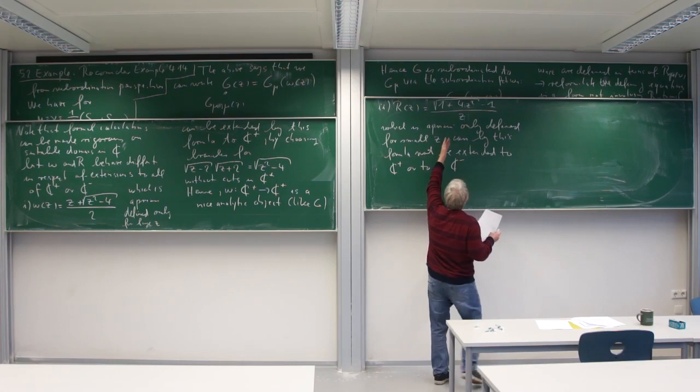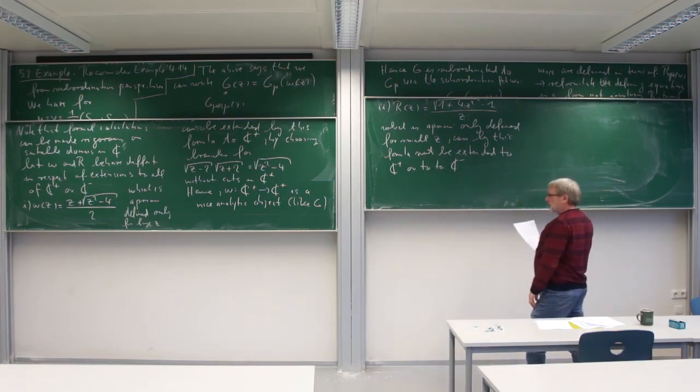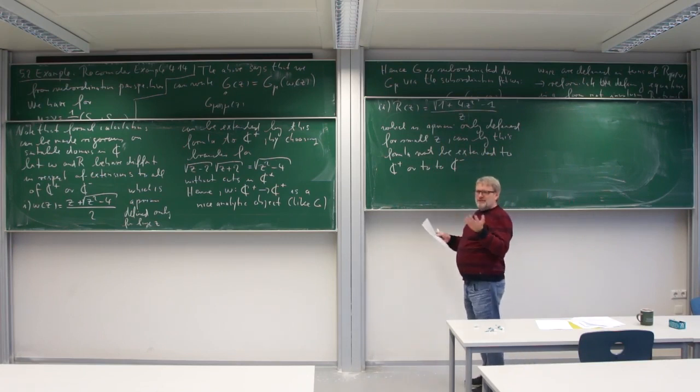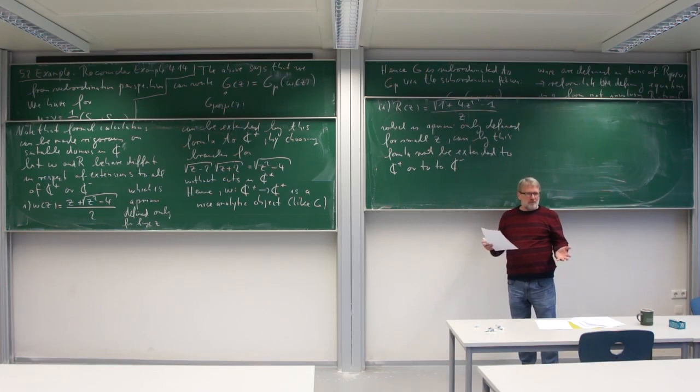but this cannot be done because this square root here, square root of 1 plus 4 z squared, this really has problems, not on the real line, but it's exactly the point i over 2 or minus i over 2 where I have problems.